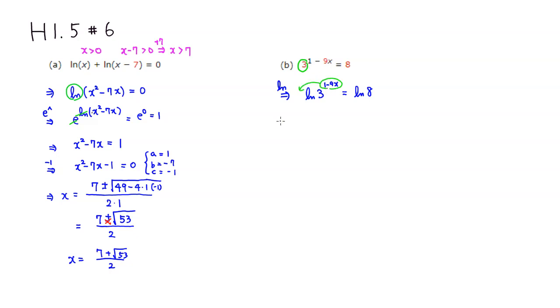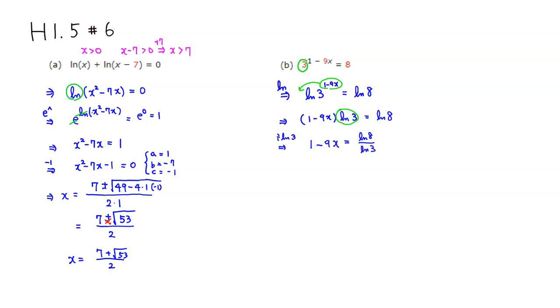So this is going to be the quantity 1 minus 9x times the natural log of 3 is equal to the natural log of 8. Then we can get rid of the natural log of 3 by dividing through by the natural log of 3. So we have 1 minus 9x is equal to the natural log of 8 divided by the natural log of 3.